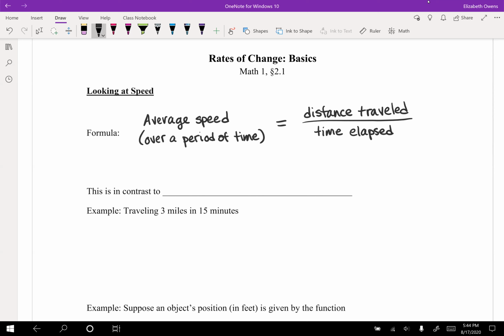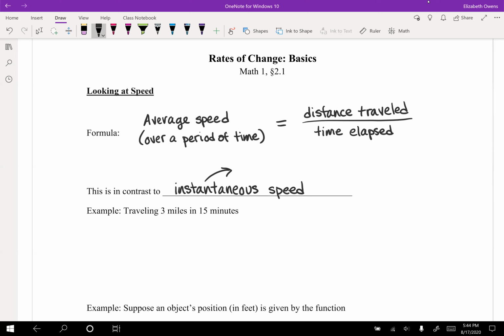So this is for average speed, and this is going to be in contrast to another type of speed that we're going to be looking at called instantaneous speed. There we go, long word. All right, so average versus instantaneous speed. Average speed is over a period of time.